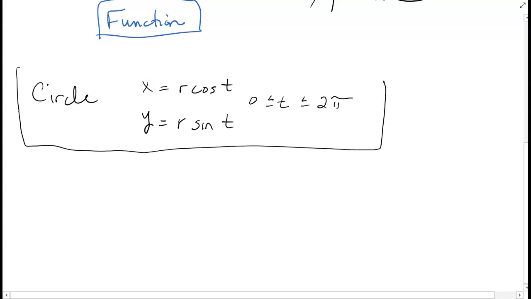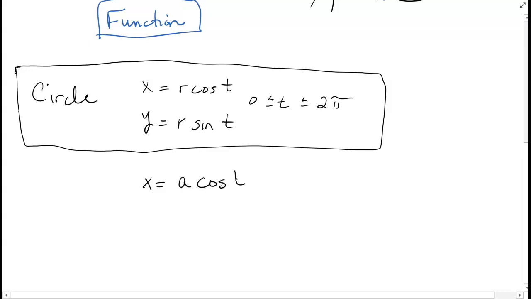And another common parametric that you'll come up with, let's suppose that the coefficients were not the same. So I'm going to call the first one A and the next one B. And we can still go between 0 and 2 pi. Well, think about that.